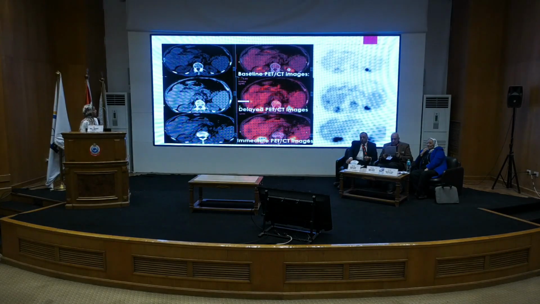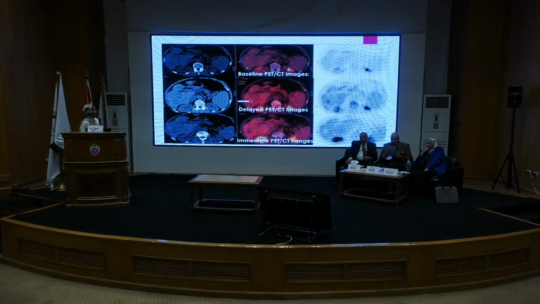Case number 4. In this patient, initially, we could not observe the hepatic focal lesion. It was isometabolic. We did delayed PET-CT images, and we observed increased focal FDG activity.